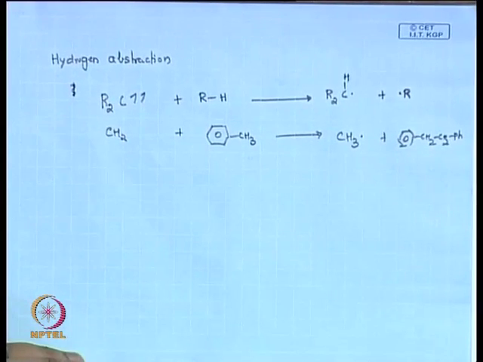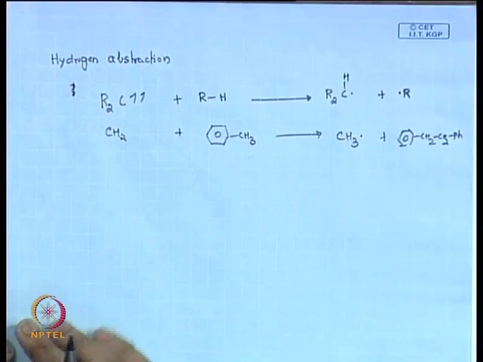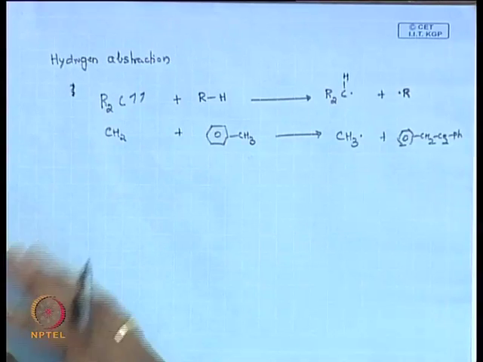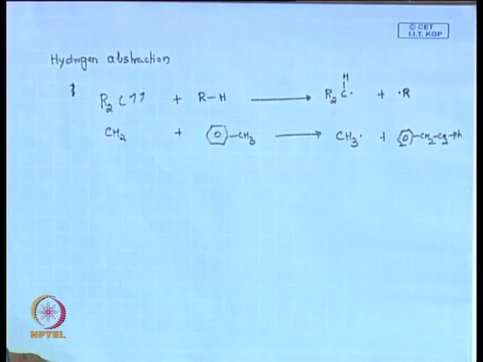Very important reaction, which your singlet carbene never does. It all depends upon the lifetime. It has to stay in the solution to pick that hydrogen, and it does in toluene very well. Fine. Okay. So, these are the two important reactions of triplet carbene, which you have to remember.